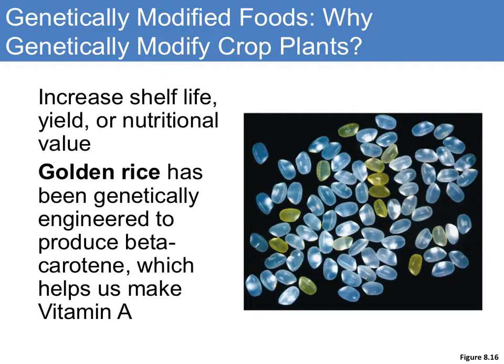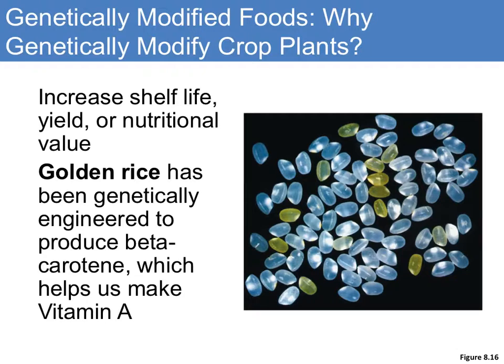Now, as I mentioned, in agriculture there's been a lot of genetic modification. A lot of people on this planet, their main sustenance is rice, especially in Asia, Southeast Asia. And a lot of them eat white rice, which has a lot of calories, but it doesn't necessarily have all the other nutrients that you actually need, certain vitamins and stuff like that. So some of these human populations have to get their minerals and vitamins from other sources.